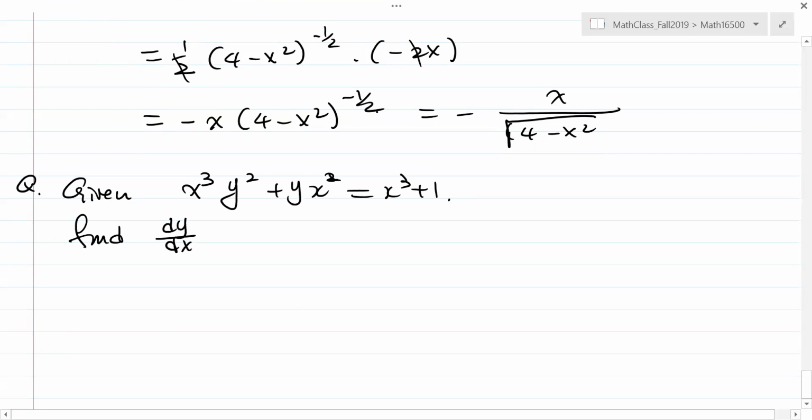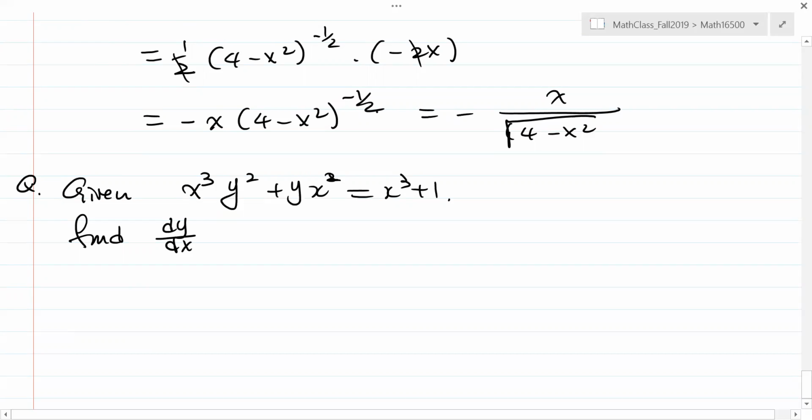Here, x and y are related in a very complicated way. Can you solve for y? Yes, you can solve. It's a quadratic function in y, so y depends on x, and you get two solutions. But you're not going to use that because it involves radicals. We don't need that.